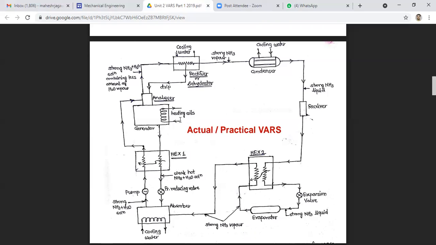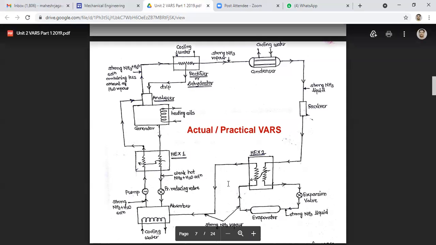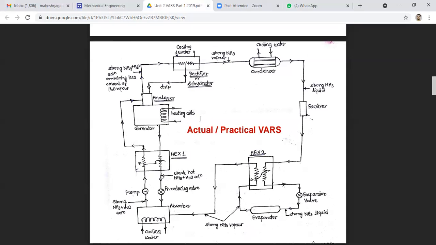So COP is the refrigerating effect upon the work energy supplied to the aqua ammonia pump plus heat energy supplied to the generator. So we are finding that by using the heat exchanger, analyzer and rectifier, the maximum COP will be obtained and the refrigerating effect produced is the maximum.